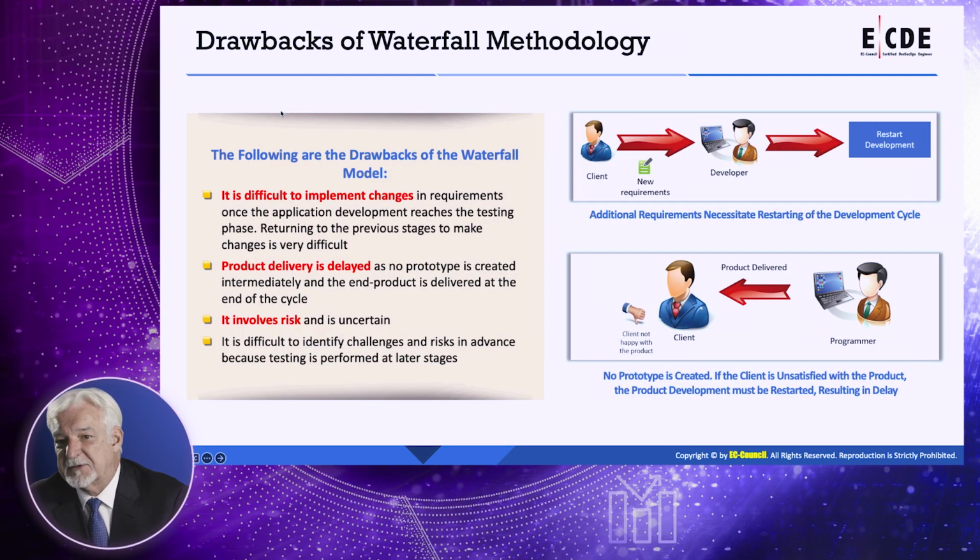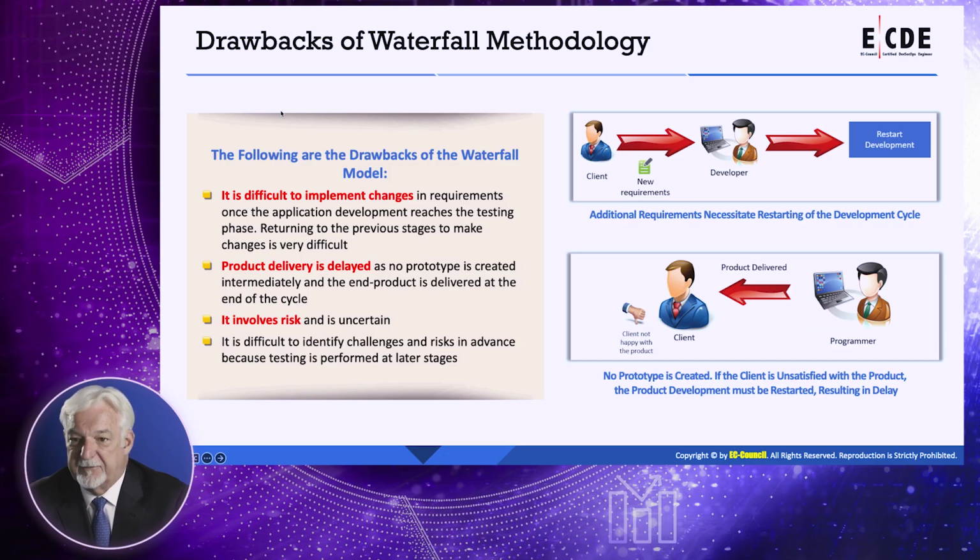There were some drawbacks with the waterfall methodology. Primarily, it's difficult to implement changes in requirements once the application development reaches the testing phase. Returning to the previous stages makes it very, very difficult if something changes in requirements, needs, etc. The product delivery is delayed as no prototype is created intermediately, and the end product is delivered at the end of the cycle.